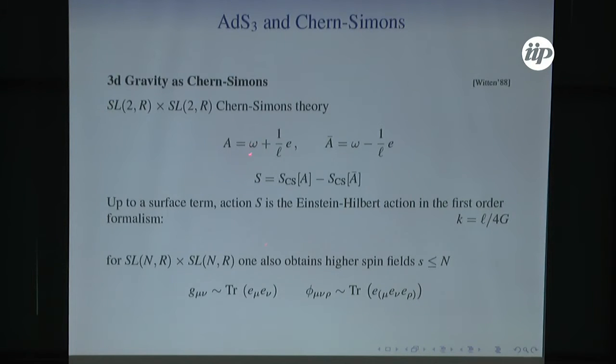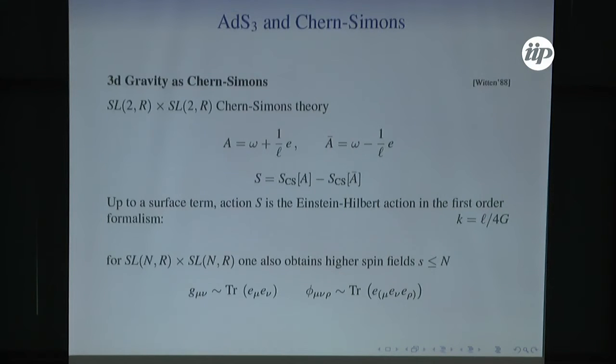I just change basis, introduce 2 fields omega and E, and I consider the Chern-Simons action where I just take the difference of the left and right Chern-Simons actions. Then what I get, up to a surface term, is just an Einstein-Hilbert action in the first order formalism.